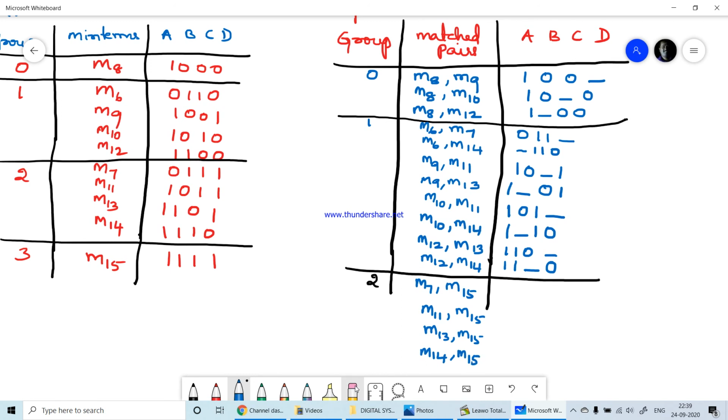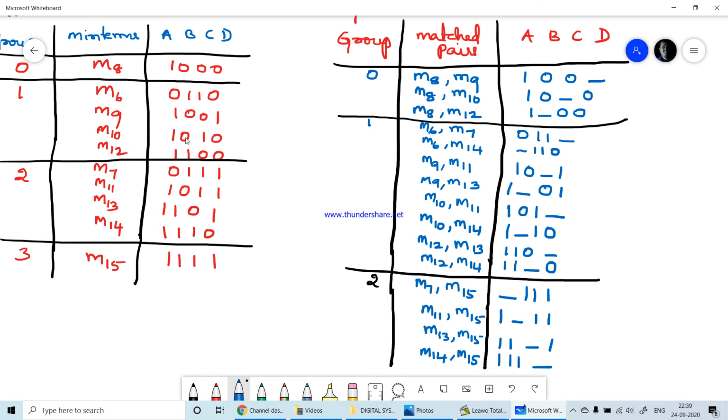These are the minterms which get matched. The binary sequence for M7 and M15 is dash, 1, 1, 1. Then 1, dash, 1, 1, then 1, 1, dash, 1, and 1, 1, 1, dash.